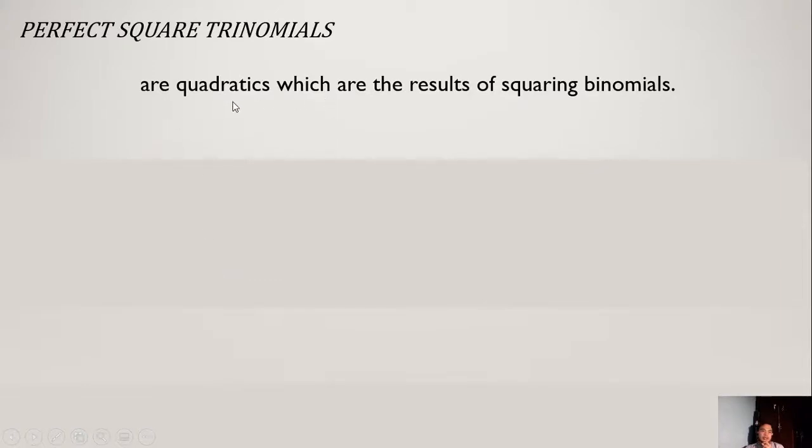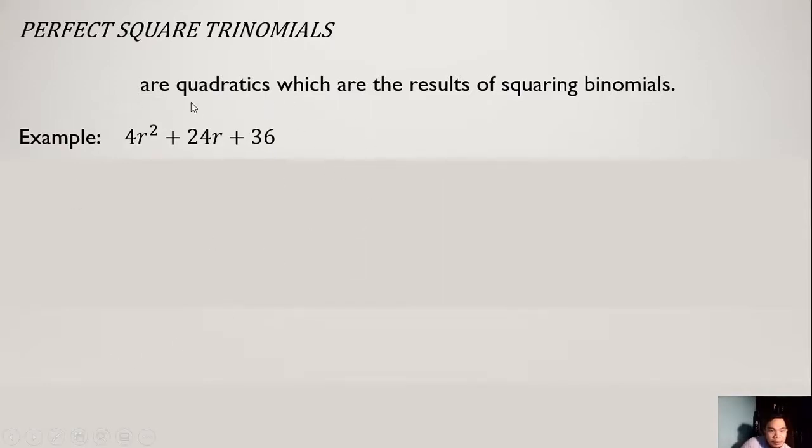Okay, but before we proceed to our preliminary activity, let's have a review first, or let's have a recall about perfect square trinomials. So what are perfect square trinomials? These are quadratics which are the results of squaring binomials. For example, we have 4r squared plus 24r plus 36.